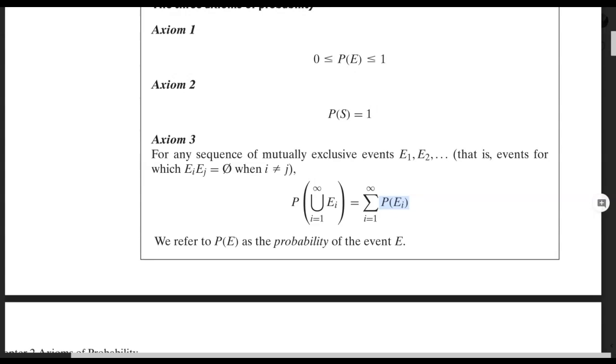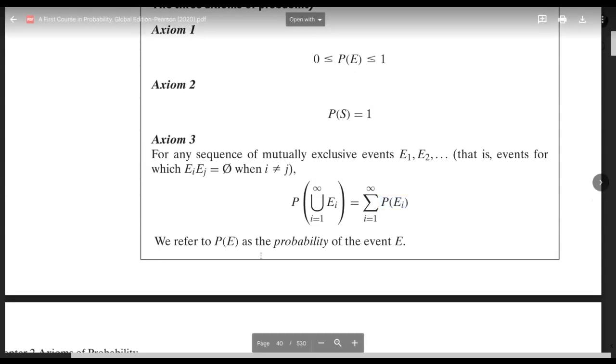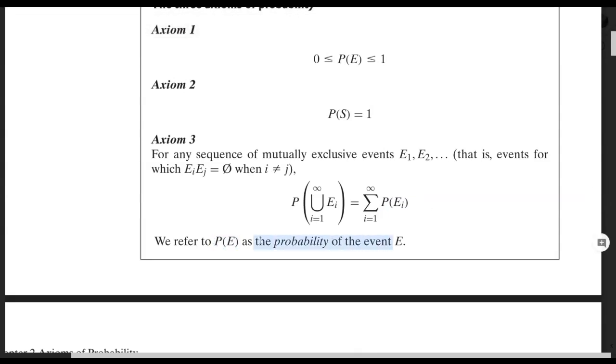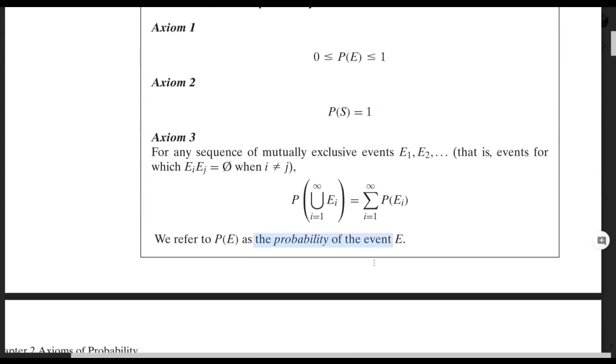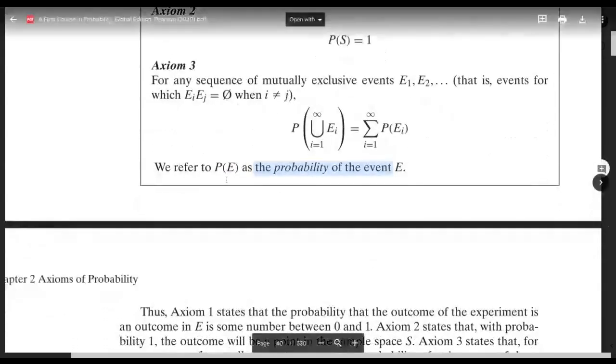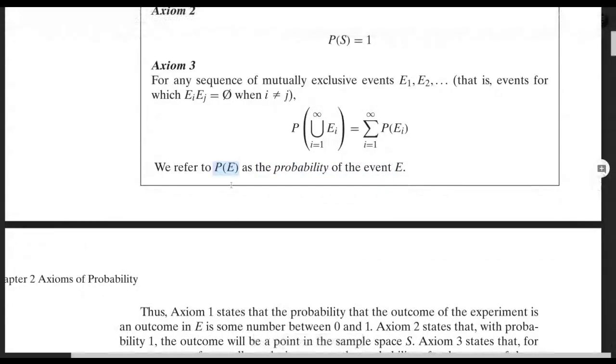Use a girl and a boy as an example: the probability of a girl is a half, the probability of a boy is a half, and half plus half is 1. So the probability of the sample space is 1. We call P(E) the probability of event E.